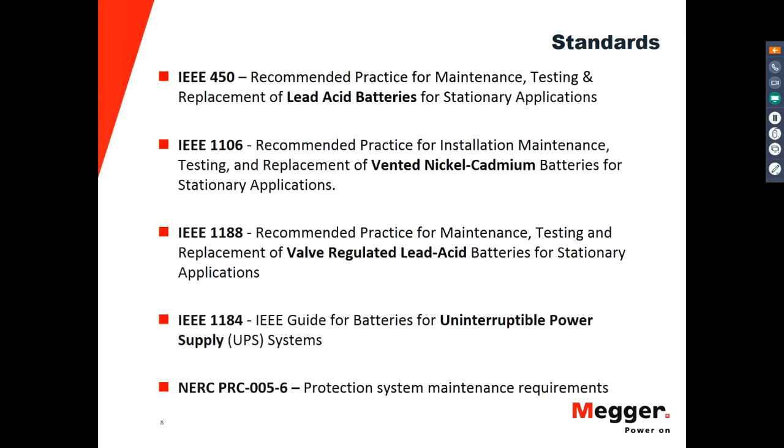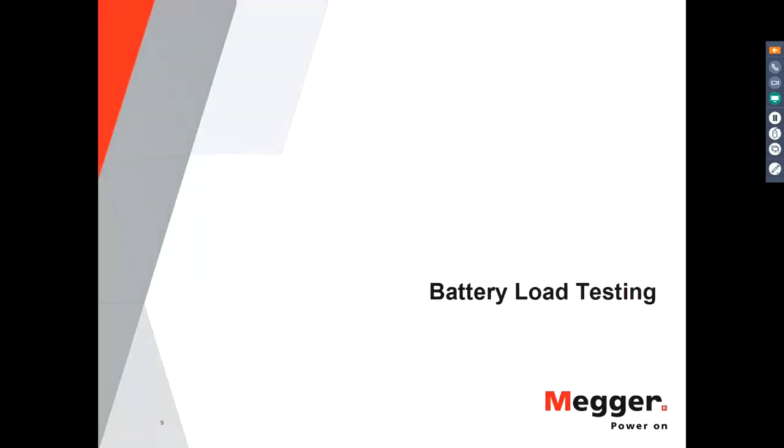So this is the ohmic testing, or the performance test, or the modified performance test. These last two tests, performance and modified performance, are capacity tests that we are going to be talking about today. So let's get into battery load testing.